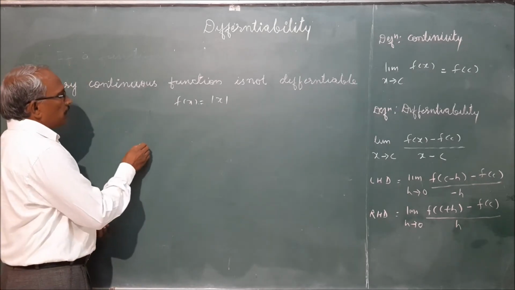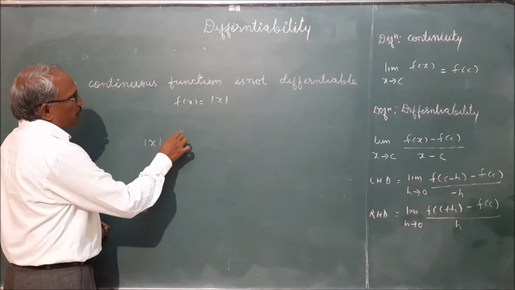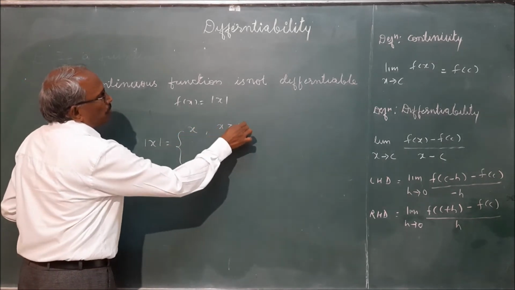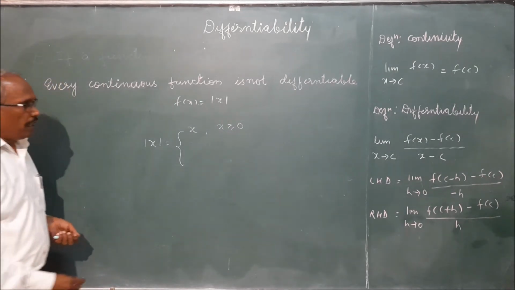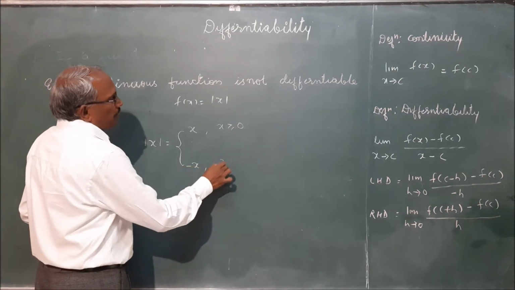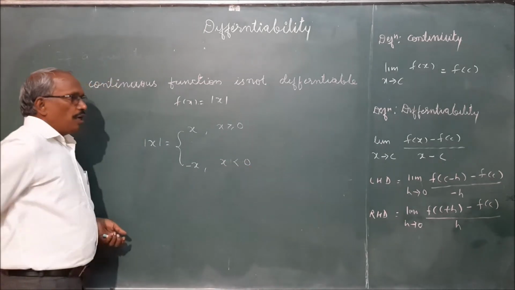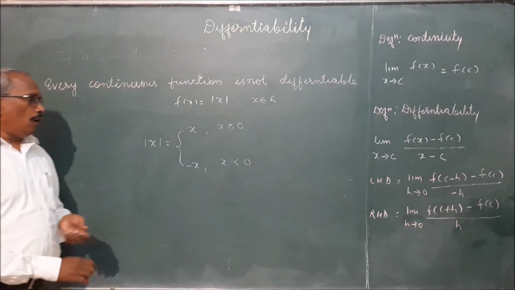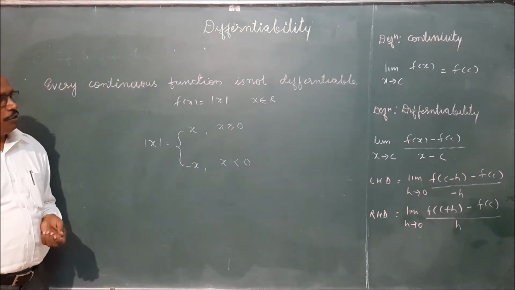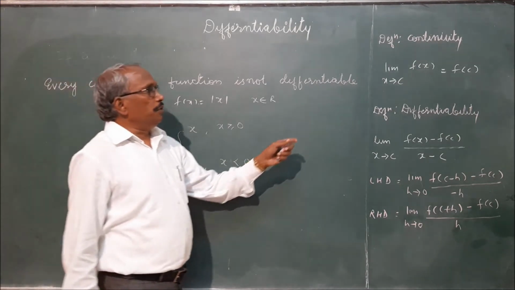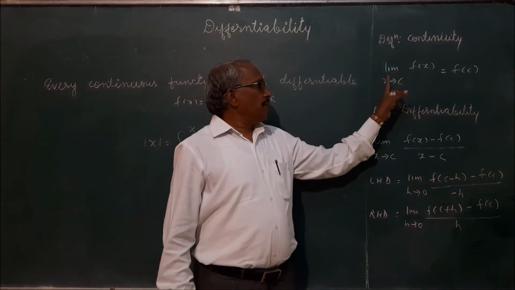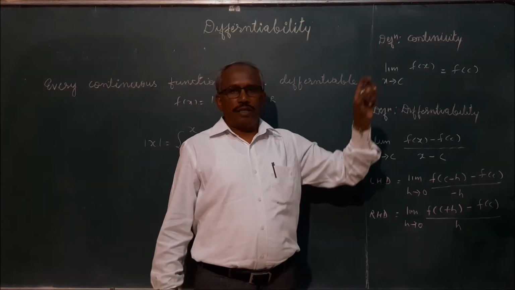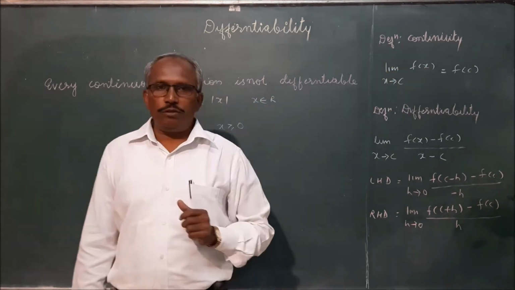We know the definition of mod x is x if x is greater than or equal to 0, and minus x if x is less than 0, where x belongs to the real numbers. Now how will we check the continuity of this function? The definition of continuity: if limit x tends to c of f(x) is equal to f(c), then we can say the given function is continuous.